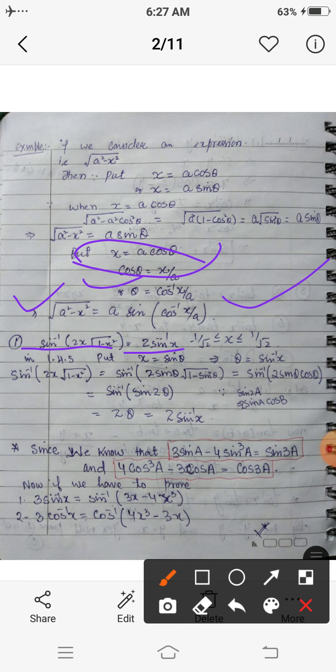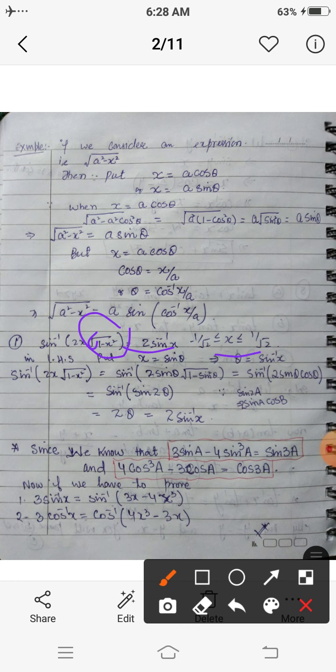We will first simplify this angle, 2x root 1 minus x square, because of the root term. Here we will use x equals a sine theta, because here a is 1, which implies that if we put x equals sine theta, then theta is sine inverse x.